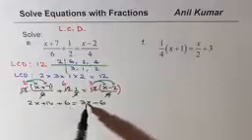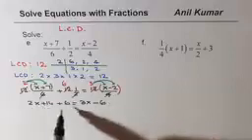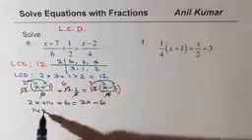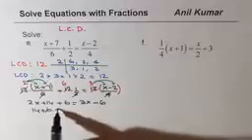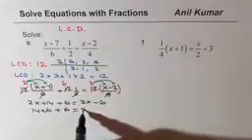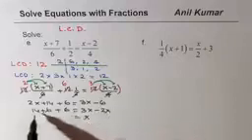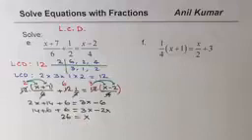Sometimes we know 3x is higher, so we'll bring x to the right side. We have 14 plus 6. This 6 coming this side will become a positive 6. 3x minus 2x. So we get x equals 26. So x equals 26 is our answer. Is that clear?